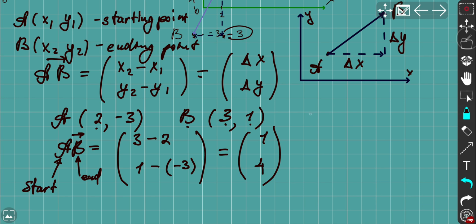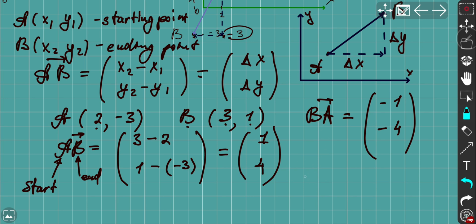Okay, but what about vector BA? You simply need to swap the signs. I mean, what does swap mean? Not swap the coordinates, but you need to swap the signs before them. So that's why you just simply put -1 and -4 for each corresponding component of the vector. If you are not sure, just try to check.